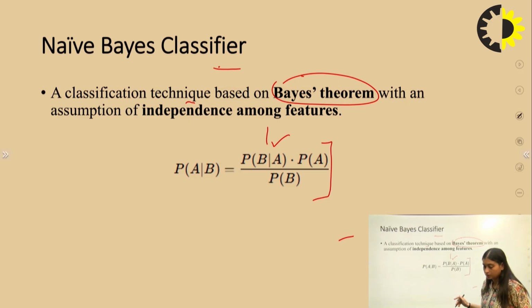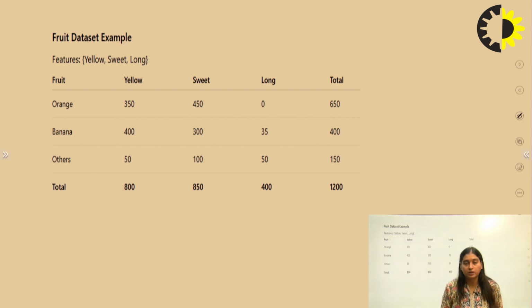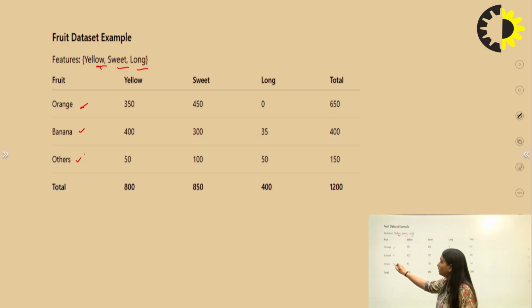Moving on, I'll discuss this topic with the help of an example, how we can solve numericals based on this naive Bayes classifier. Here we have some features: yellow, sweet and long, and we have some fruits: orange, banana, others.